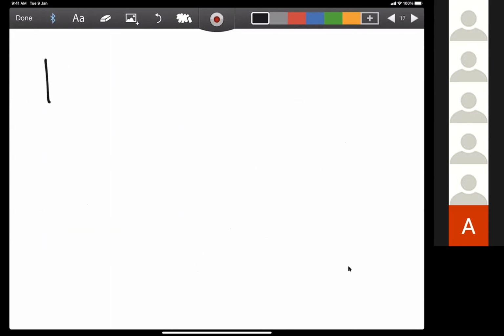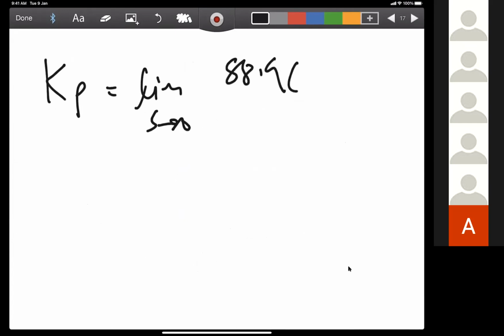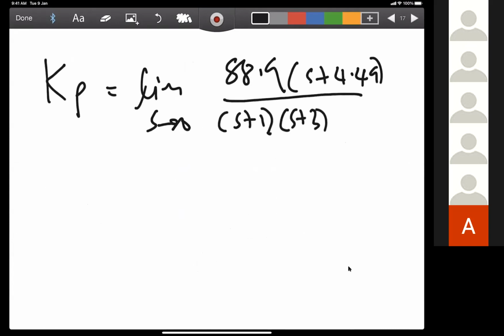And Kp, the position constant, will be limit s to 0 of 88.9 times S plus 4.49 over S plus 1, S plus 3, S plus 12, which is 110.9.